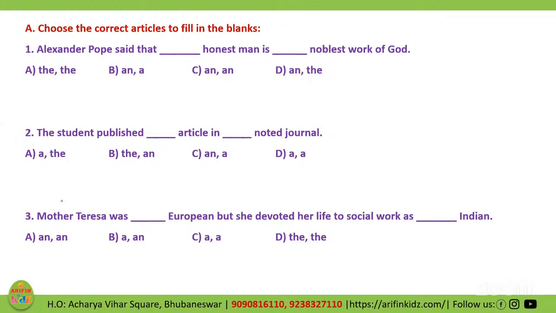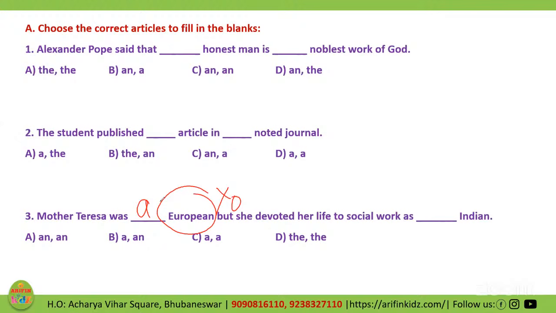So the answer would be now. Everybody look forward. The pronunciation of Europe starts with yo. European, not an European. An European is wrong. They always say Europe. So the pronunciation is Europe. So it is a European.